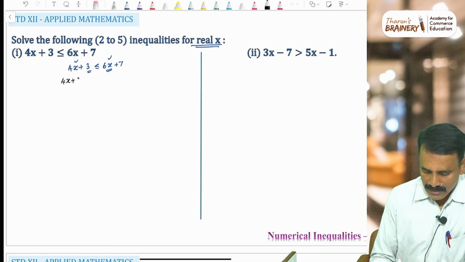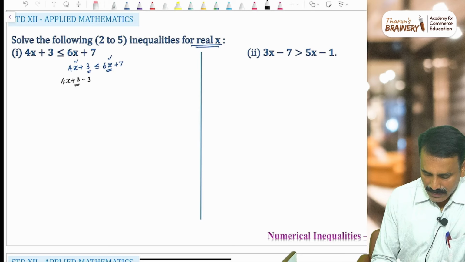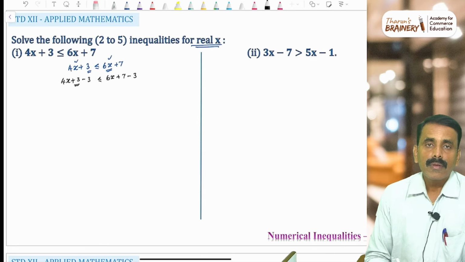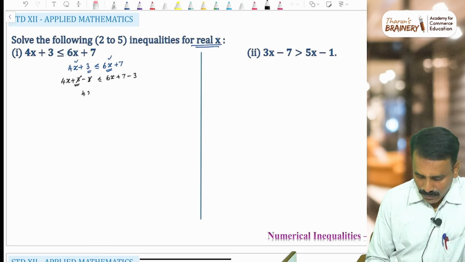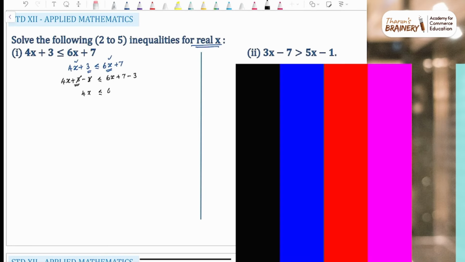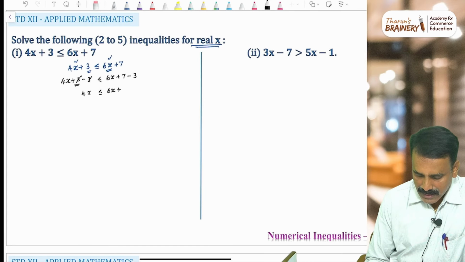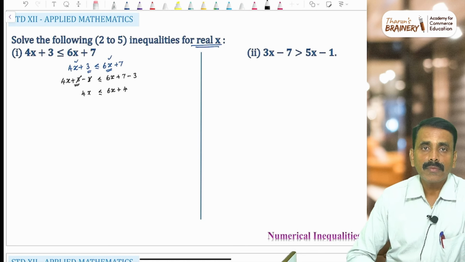So, 4x plus 3, minus 3, less than or equal to 6x plus 7 minus 3. By this, on the left hand side the constants are removed. So, what do I have now? 4x is less than or equal to 6x plus 7 minus 3, which is 4. Am I clear?